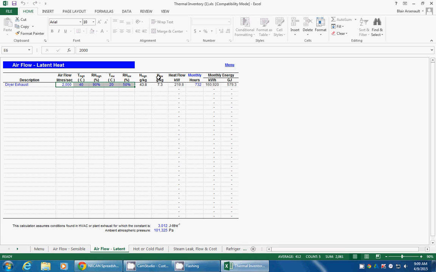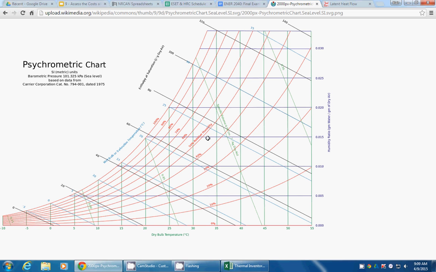And what comes out here is these H's and the grams per kilogram. Those are automatically interpolated from this data here. So you put these two numbers in here, and it looks at the psychrometric chart. So you put in your temperature and your relative humidity.